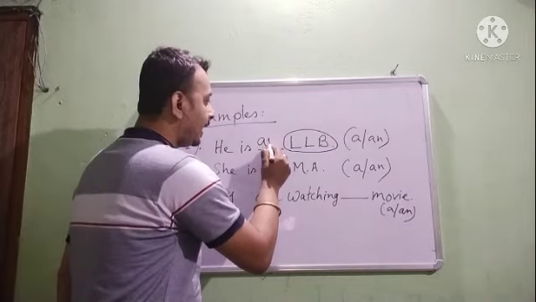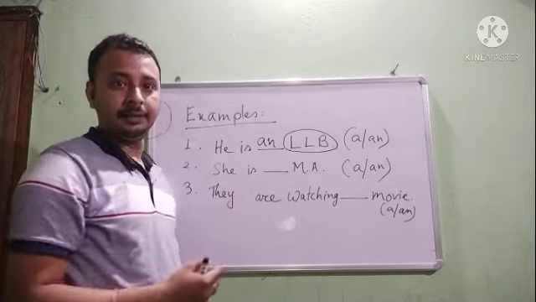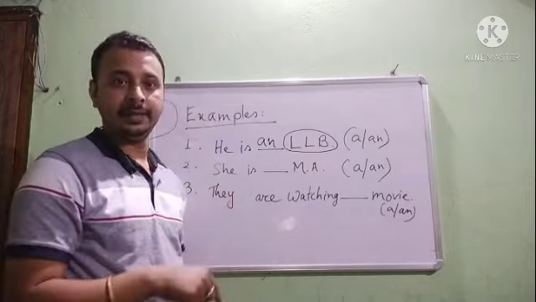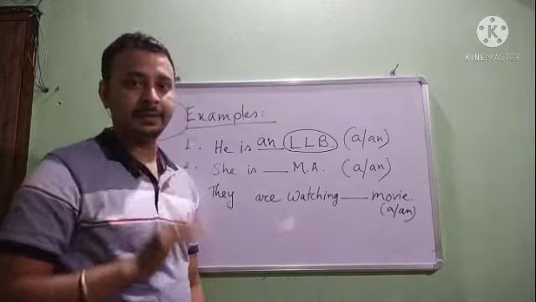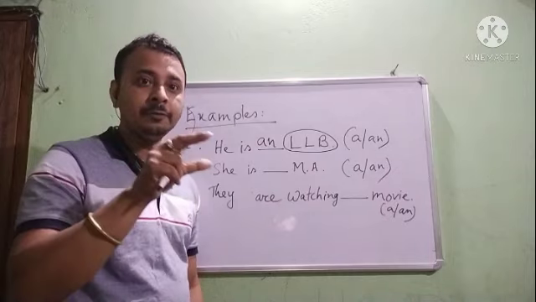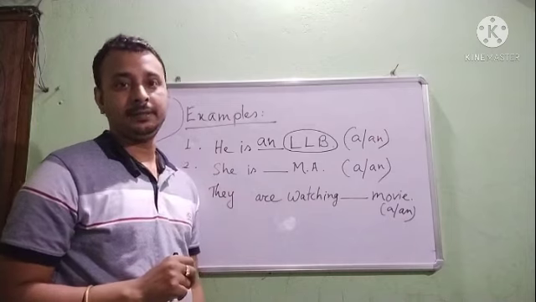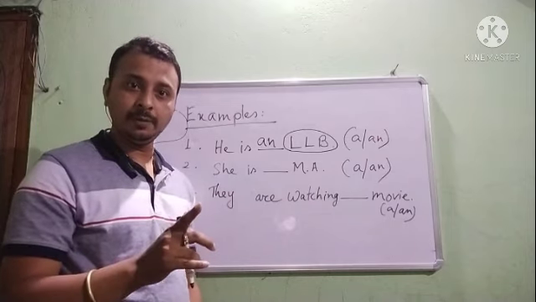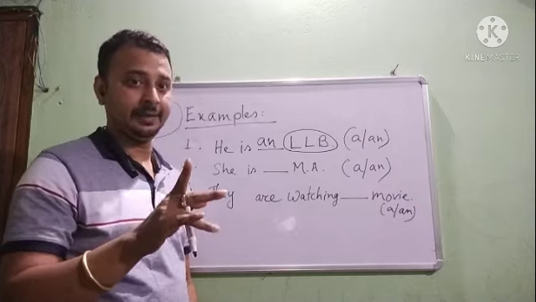So it is AN. But what letter is here? L. Basically you will think that L is not a vowel, so there is A. That is not the thing. Letter does not matter. What matters? Sounds matter. However you read, that sound matters. So you always remember while you are doing articles, letter does not matter.